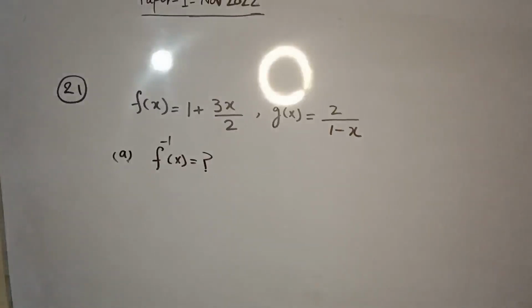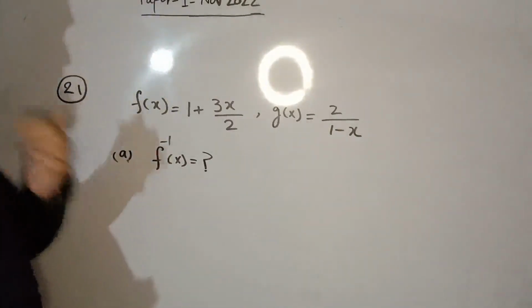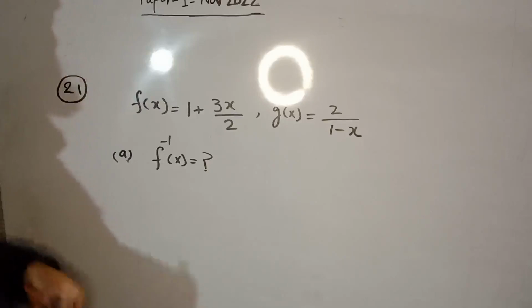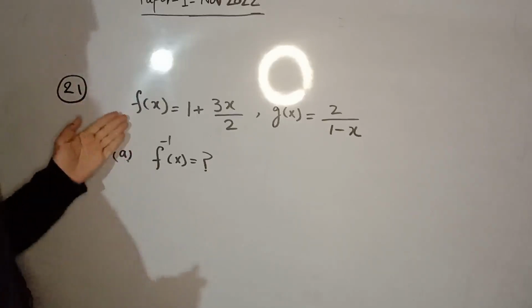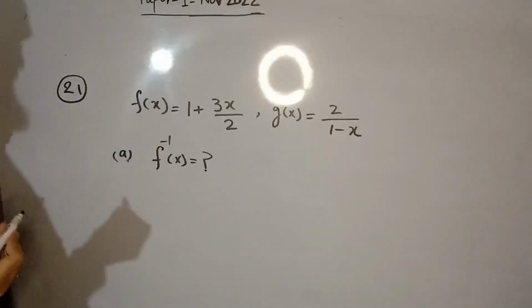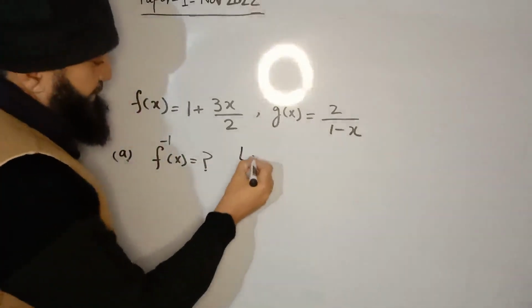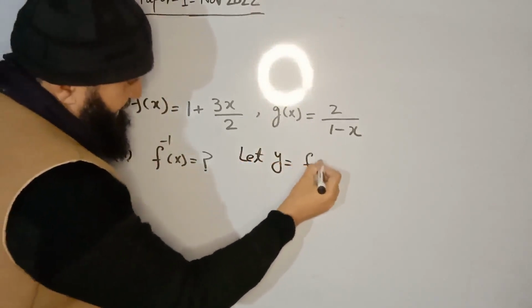You can find questions on how to find f inverse also in my videos about paper 1 of June 2010, and again we are solving it here. So the method is very simple. The first step is we let y equal f of x.